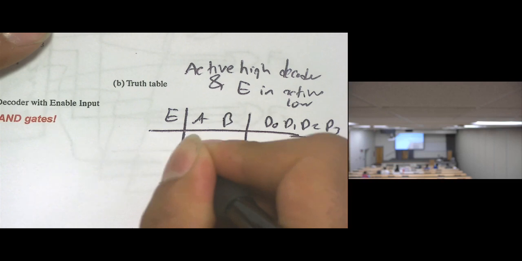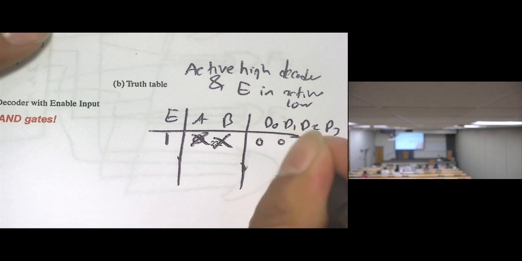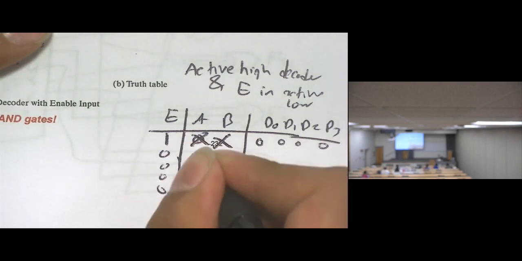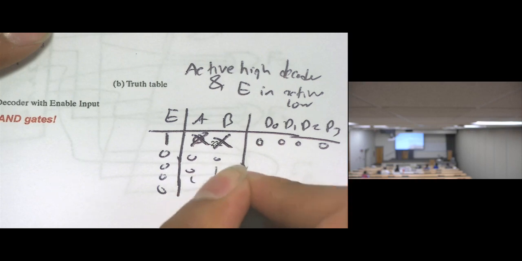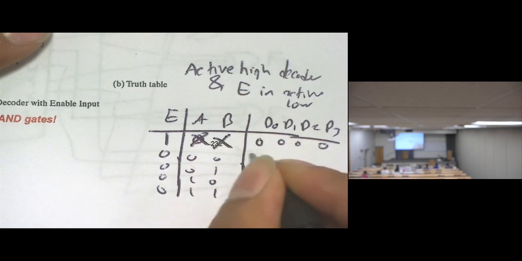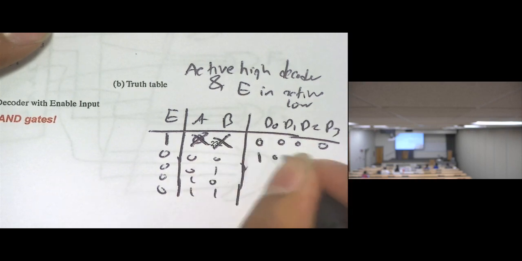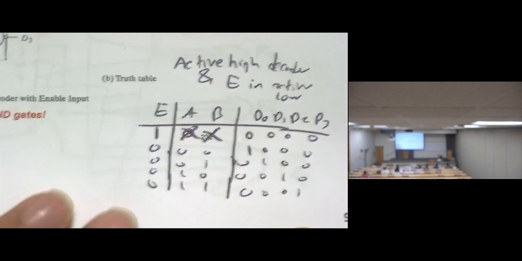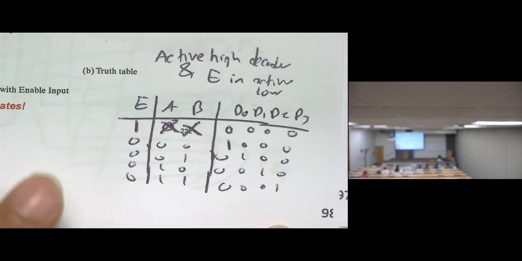When enable is 1, we don't care about A and B because there is no output, so they are all zeros. When enable is 0, then we care about the inputs. So D0 will be 1, 0, 0, 0, then 0, 1, 0, 0, and so on, ending with 0, 0, 0, 1. So this is the case where the decoder is active high, but the enable is active low.